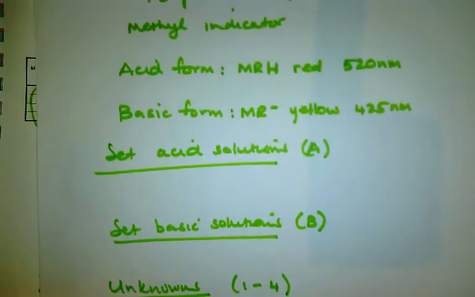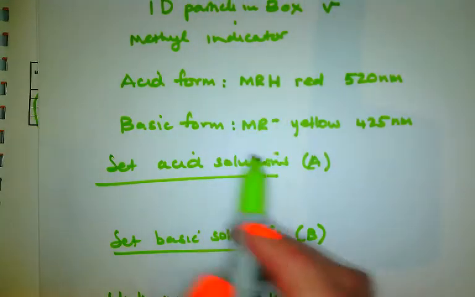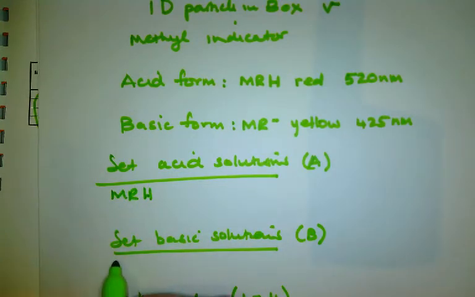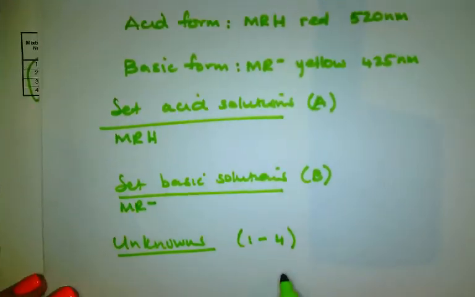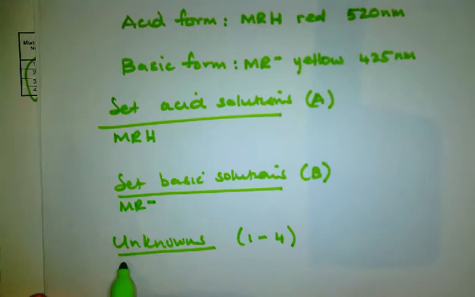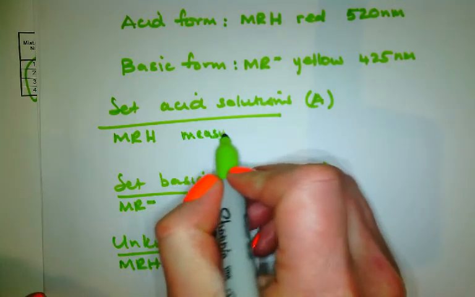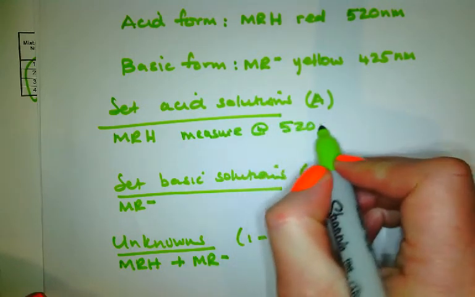Your acidic solutions obviously contain the acid form of methyl red, because it's an acid, so those contain MrH. Your basic solutions contain Mr-, and your unknowns are chosen in such a way as to contain both MrH and Mr-. For the acidic dilutions, you're going to measure at 520 nanometers.